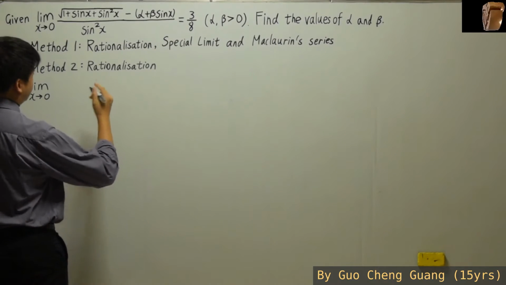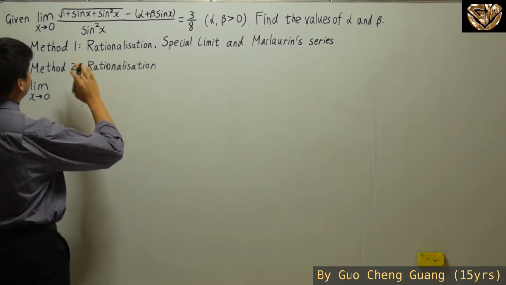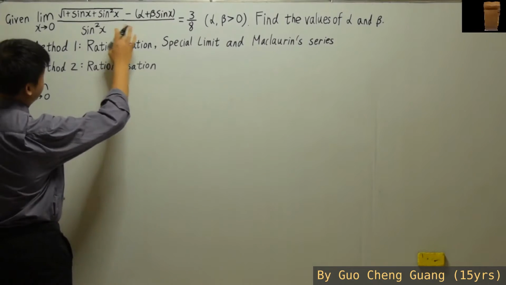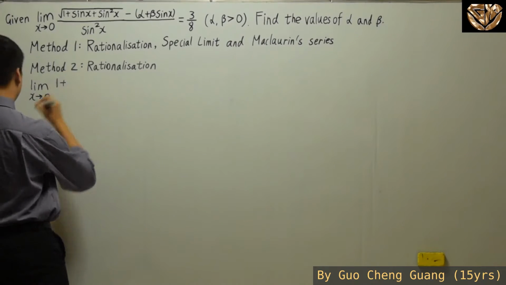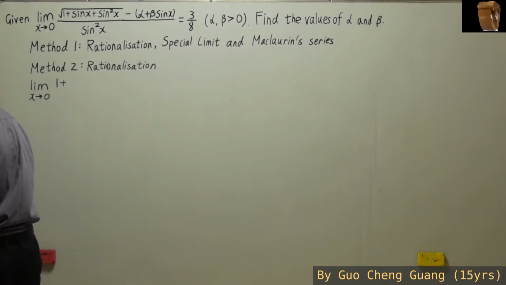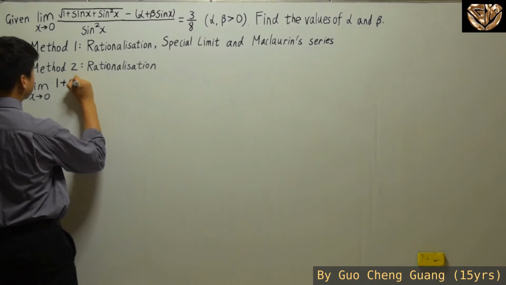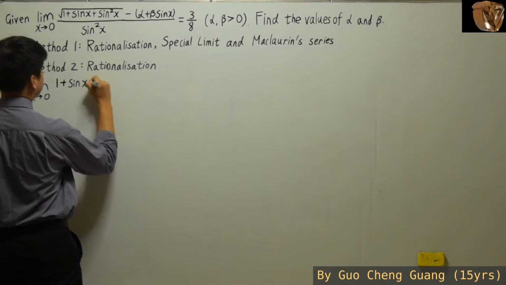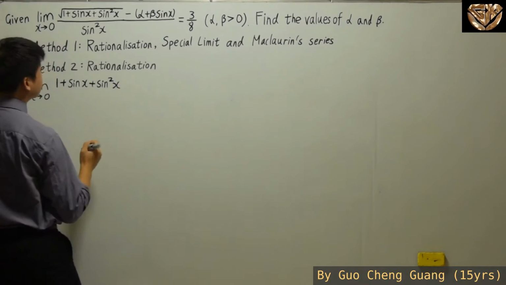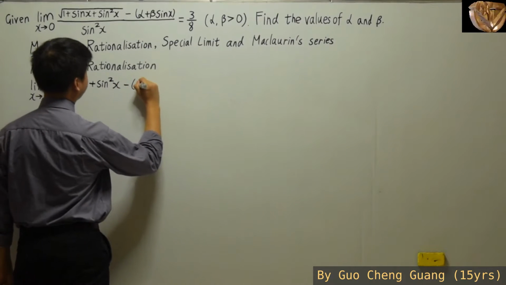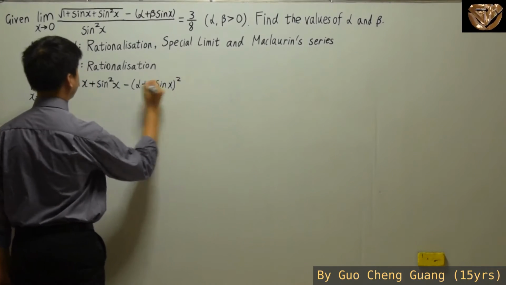you can use this kind of rationalization, and in the numerator you have to multiply on an a plus b form, which will give you something like 1 plus sine x plus sine square x, then you have to subtract (alpha plus beta sine x) squared.